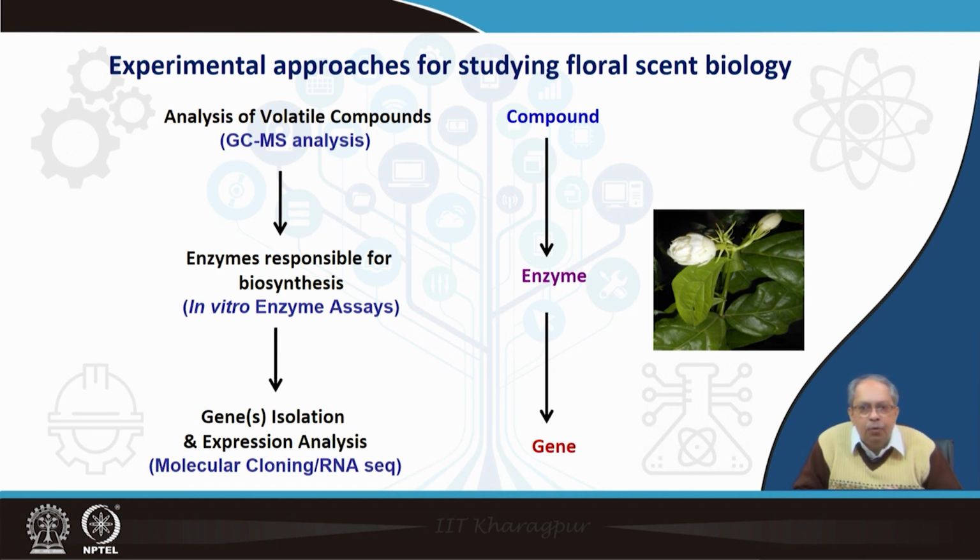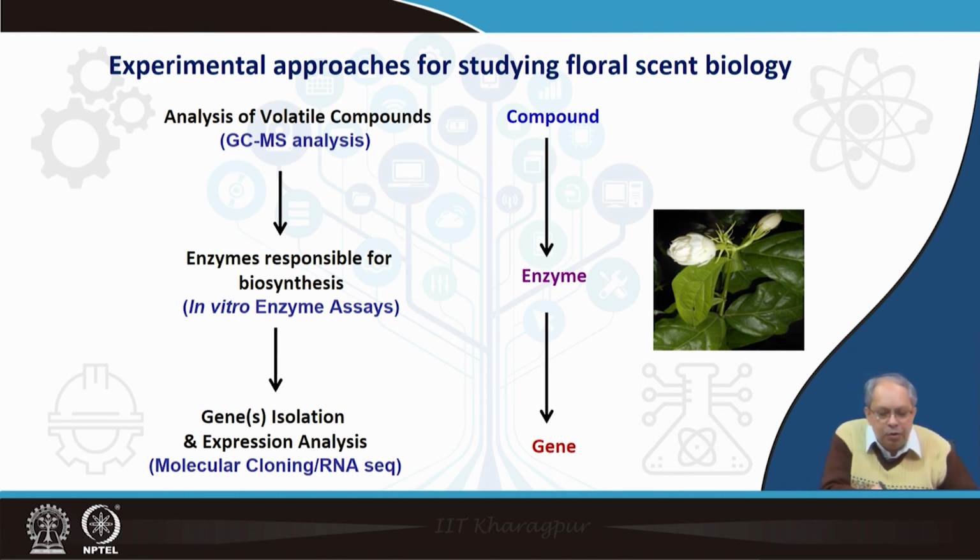As I said, when we get the smell of floral scent through our olfactory nervous system, it is basically a mixture of multiple compounds, which could be as many as 50 or as few as 10 to 15. So, it is important that we analyze the scent components.